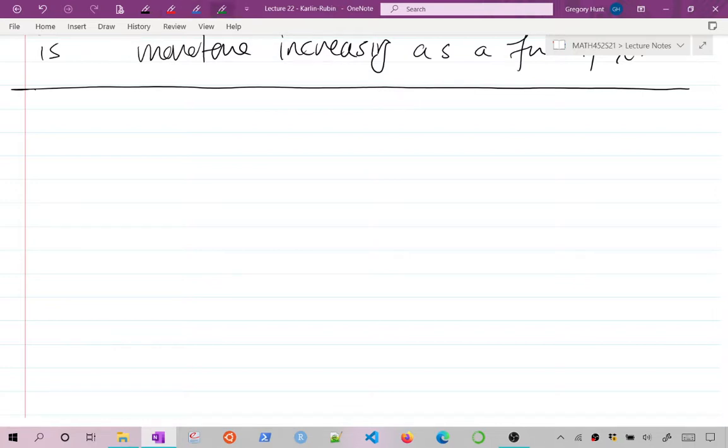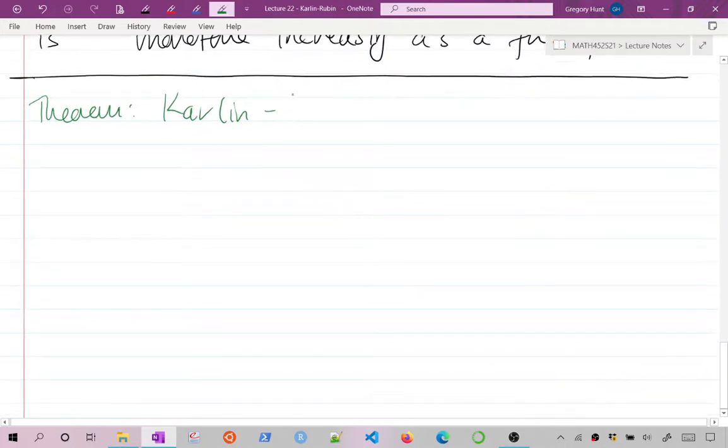So the theorem is called the Karlin-Rubin theorem, named after Karlin and Rubin, two statisticians.